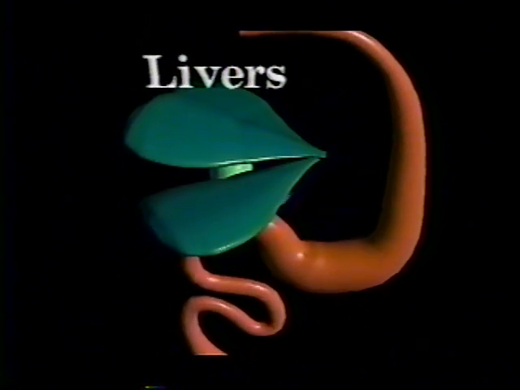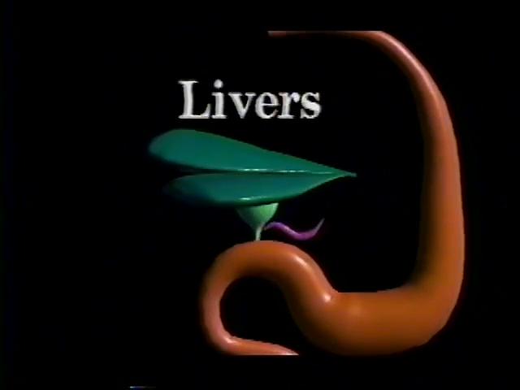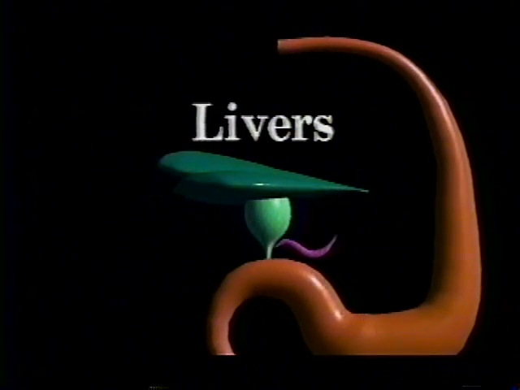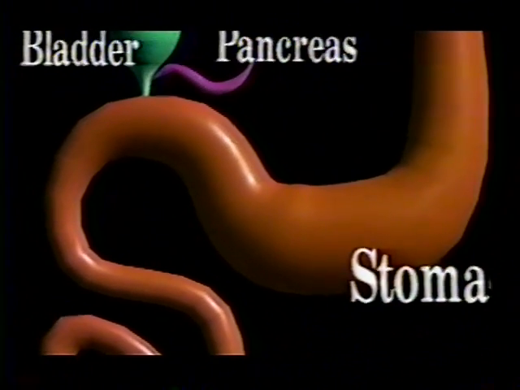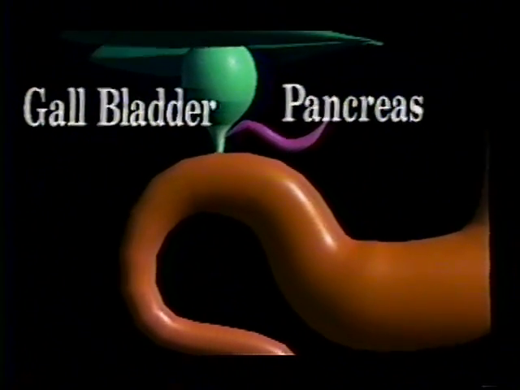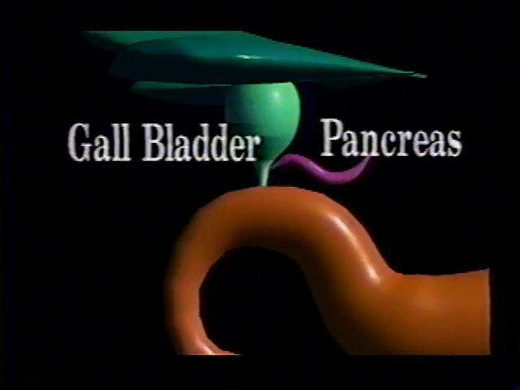The frog has 3 livers that excrete digestive juices and bile into the gall bladder. From the stomach, the food passes into the small intestine where 2 organs, the gall bladder and the pancreas, work together to produce digestive juices.